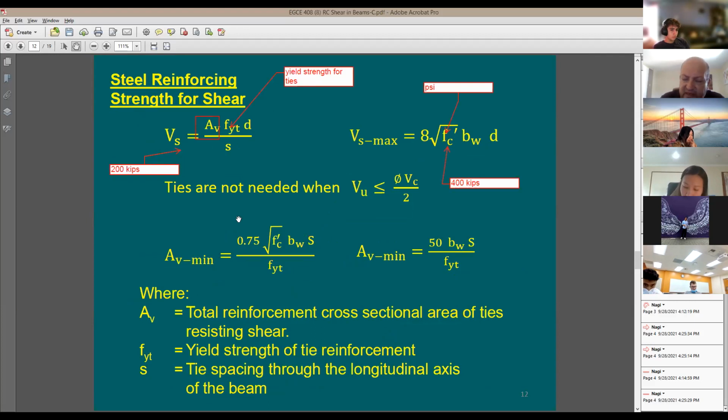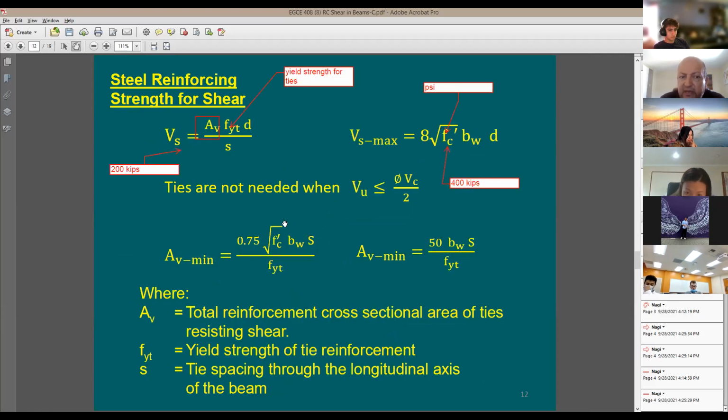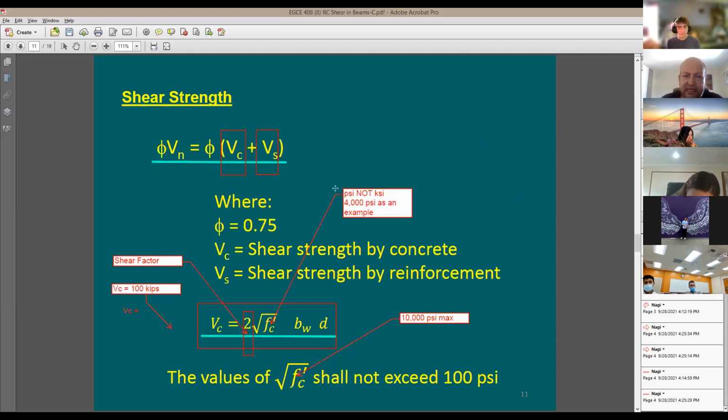Now, what is the total shear strength for this beam? Total strength is going to be equal to 100 kips coming from the equation for the concrete, plus 200 kips coming from the steel. You're not going to be using this 400 kips because it's just a limit. This is the cap. You cannot go beyond this limit. But of course, it depends on the amount of bars that you put in the beam. So in a case like this, Vn is equal to 100 plus 200, equal to 300 kips.